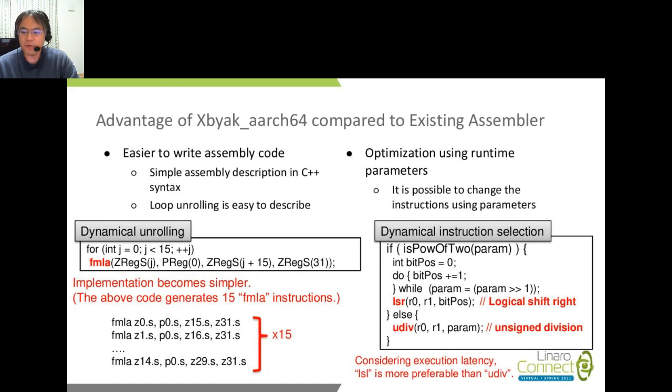And it's preferable in terms of execution latency. If the param is a runtime parameter, the compiler can't decide if the parameter is power of 2, so that the compilers always select the division instruction. But JIT can select the most preferable instruction considering runtime conditions. This page only shows the simple example, but we can dynamically optimize our machine code in many other ways.